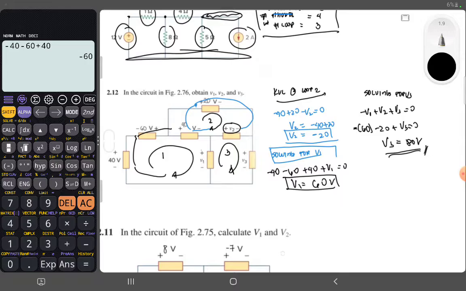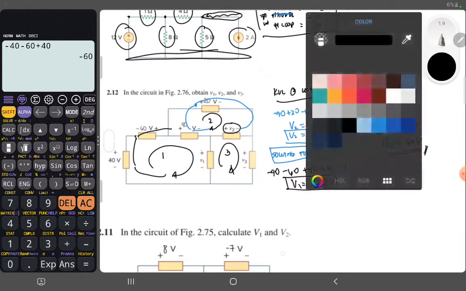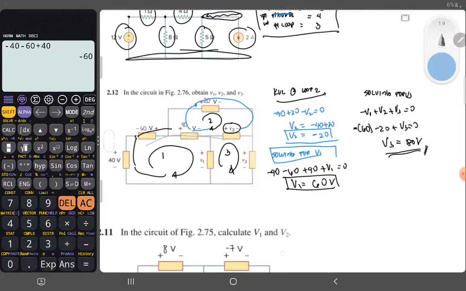Or, pwede natin gawin, mag-super loop tayo. Ito lang. Okay? So, we have negative 40 at super loop. We have our negative 40 less 60 plus 40. Okay?